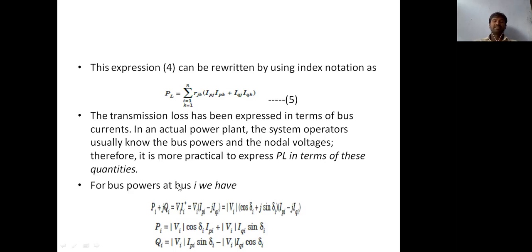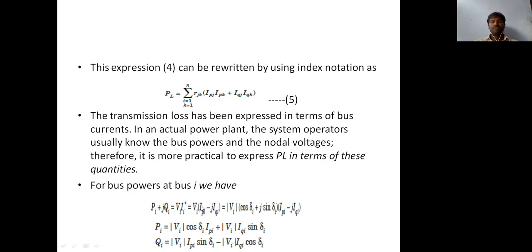For the bus powers at bus i, we have Pi plus j Qi equal to Vi into Ii conjugate. So Vi is the same term. For the Ii conjugate, we know that Ii equals Ip plus j Iq, and for the conjugate the plus is replaced by the minus.